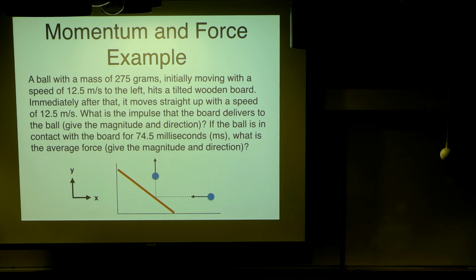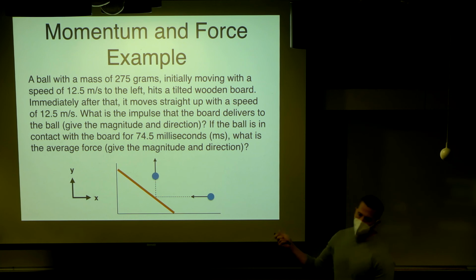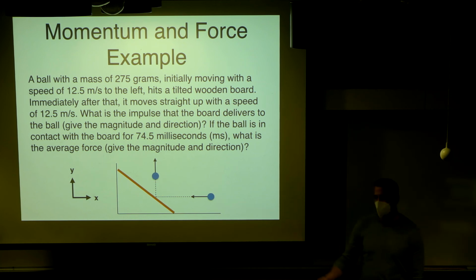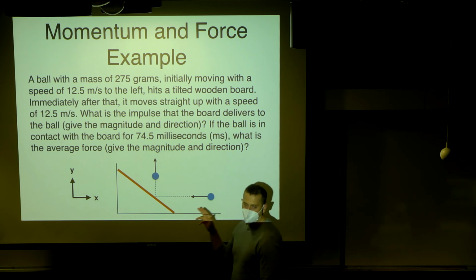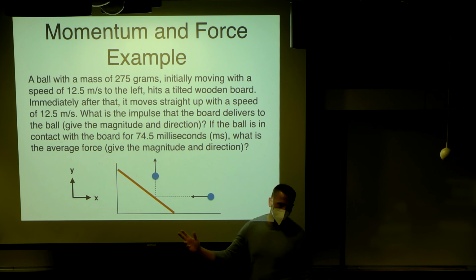So a few questions we want to answer here. First, what is the impulse that the board delivers to the ball? Second, let's say the ball is touching the board for a total of 74.5 milliseconds. What is the average force during that collision that the board was exerting on the ball? First of all, we need to look at the initial and final situation.